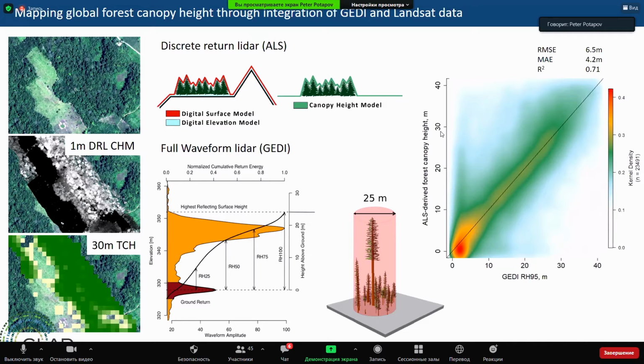We're using the 95th percentile of the altitude in order to cut off the highest points in the clouds that are most likely the tool error. The 95th percentile inside the 30-meter pixel of the aircraft LiDAR, we consider it to be the height of the crown. We compare it with various RH metrics of GEDI.